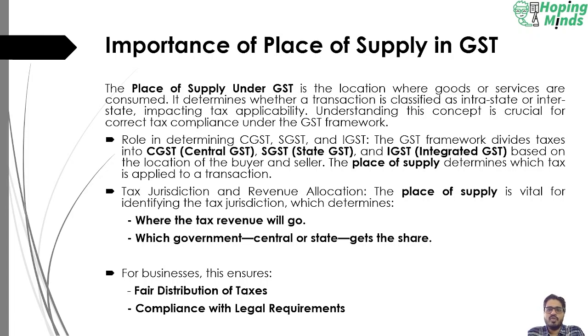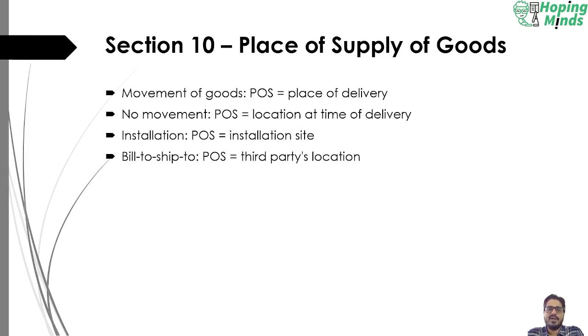So now let's move ahead. Let us cover now Section 10, that is place of supply in case of goods. So the place of supply rules are different in case where goods involve movement and where goods do not involve any movement.